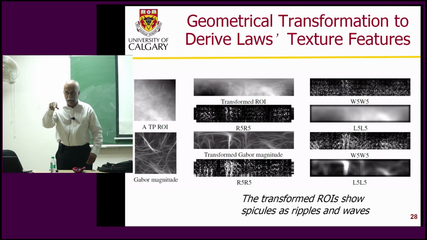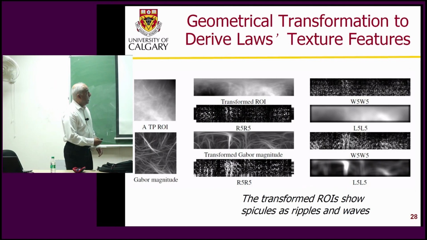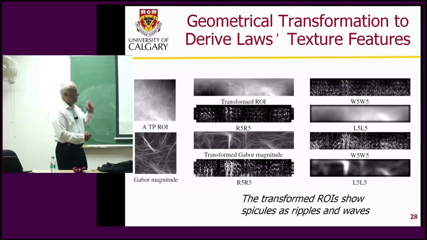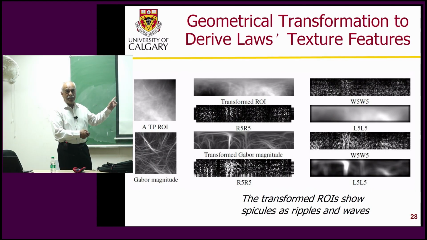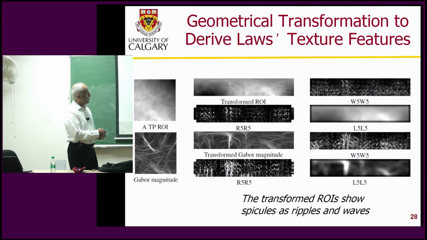So we expect an angular distribution of those spicules. If I do a polar transformation, taking the center of this region, which is the center of a node, as determined by phase portrait analysis, and if I use this as radial distance and then theta, 0 to 360 rather, then these spicules will become straight lines.